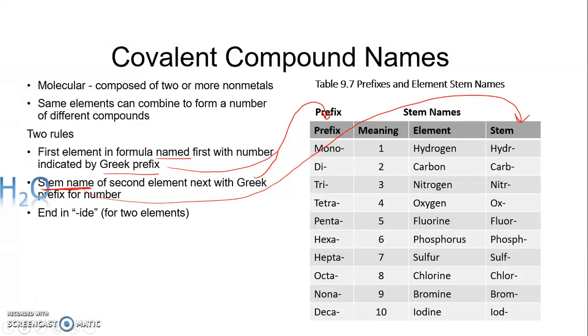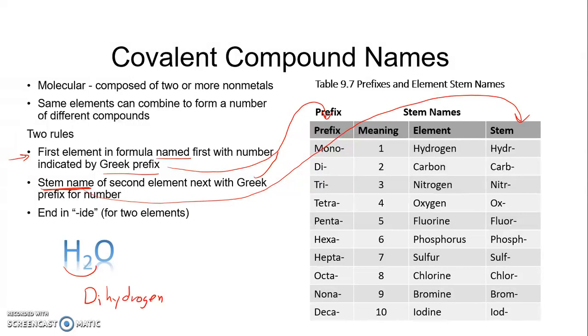Now, let's do an example, one that everybody knows, H2O, also known as water. So the first thing we do is take the first element with a Greek prefix. So we have 2 hydrogen atoms. The prefix for 2 is di, and then we put in the name hydrogen.